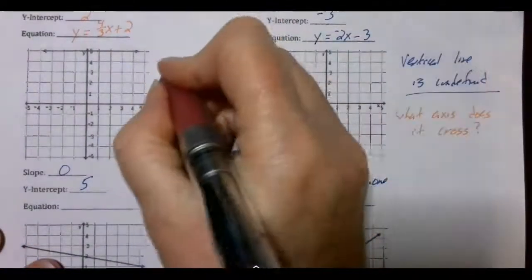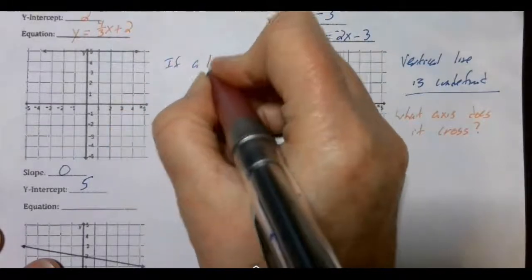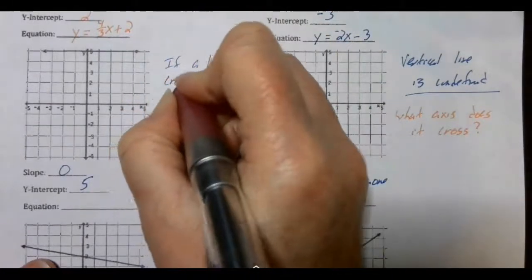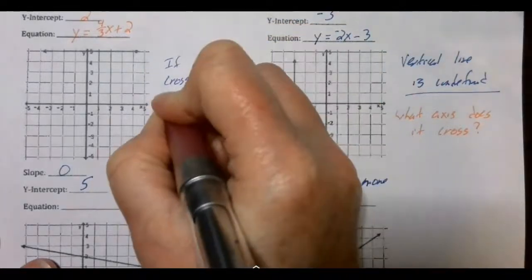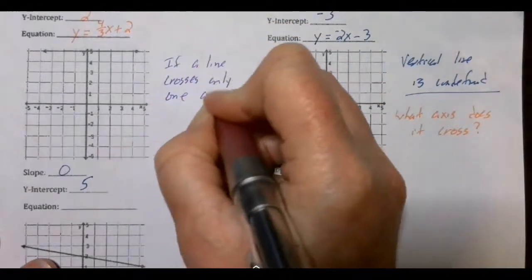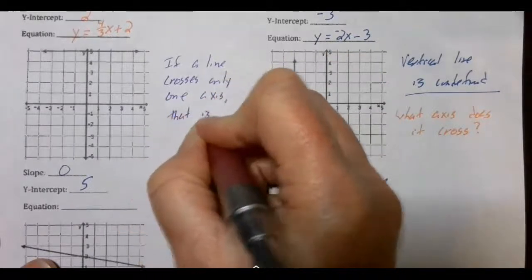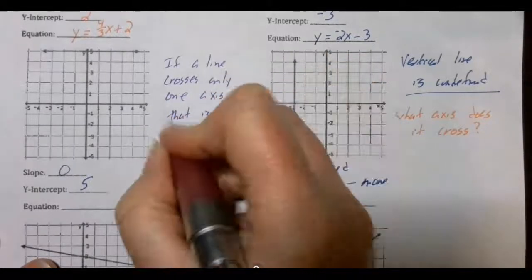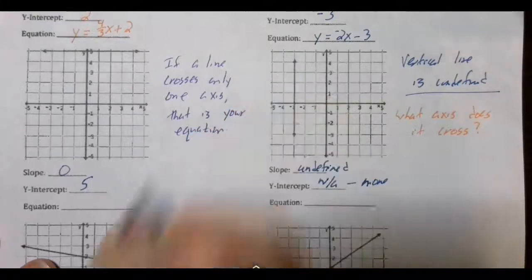So if a line crosses only one axis, that is your equation. Okay, now that doesn't make a lot of sense like that.